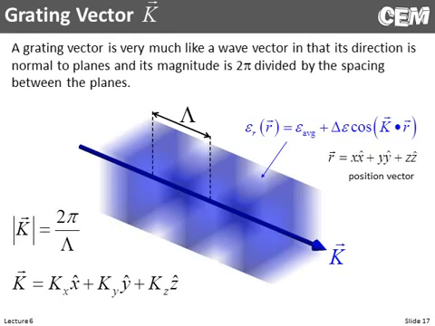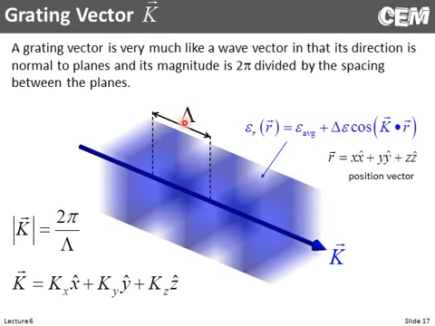So now let's define something called a grating vector K. If we have material properties that repeat, and let's say our dielectric constant forms planes, where we have a plane of high dielectric constant, and in between a plane of low dielectric constant, and that repeats itself, we can define a vector that's perpendicular to those planes and whose magnitude is 2 pi divided by the spacing between the planes.